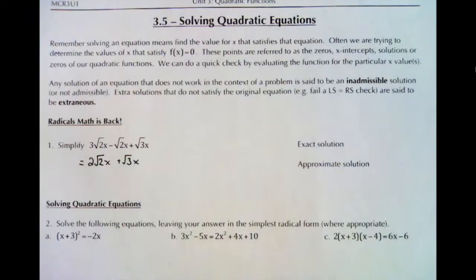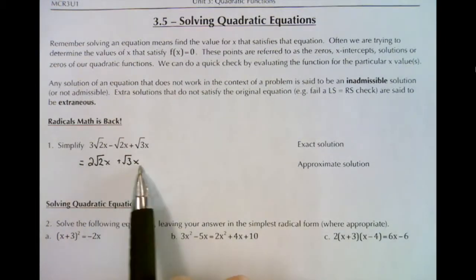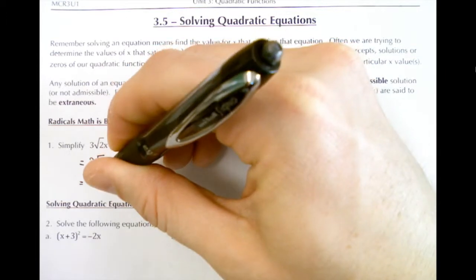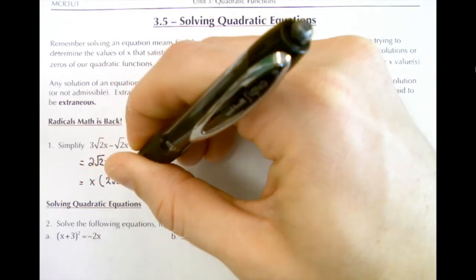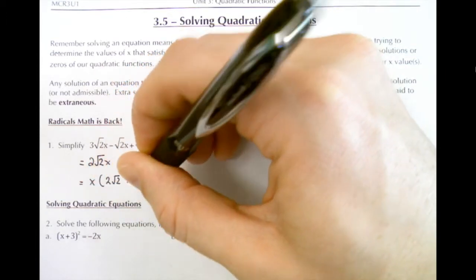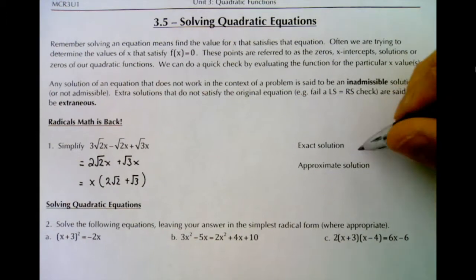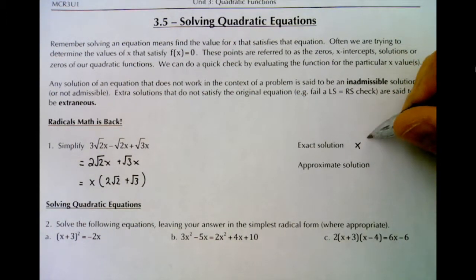Now, if we wanted to write this as an exact solution, we could look to see if there's anything common and make it a little bit simpler. And x is common, so I'm going to common factor an x and say x times 2 root 2 plus root 3. That would be as simple as we could make this, and that's in fact an exact solution, even though it's not really a solution.